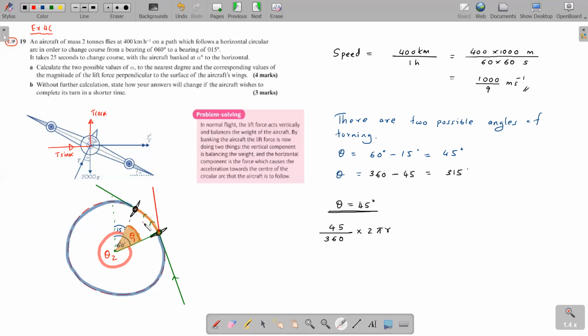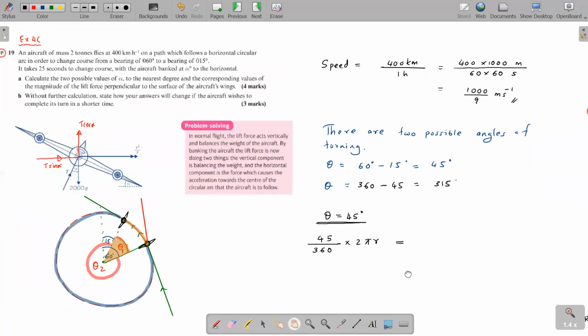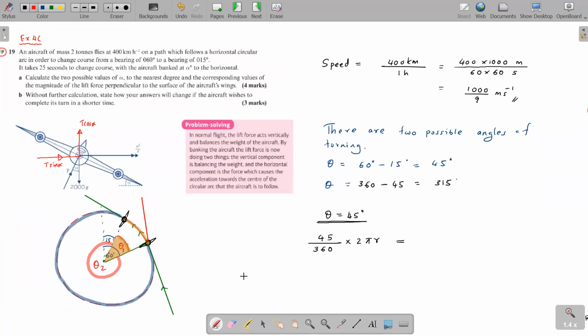Now, you can also find the distance the plane travels by using speed. You know that speed equals distance over time. So distance is equal to speed into time.